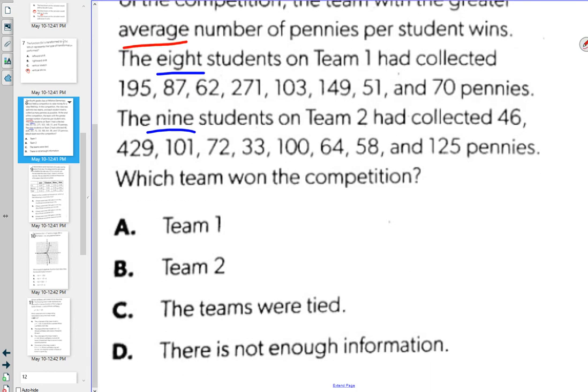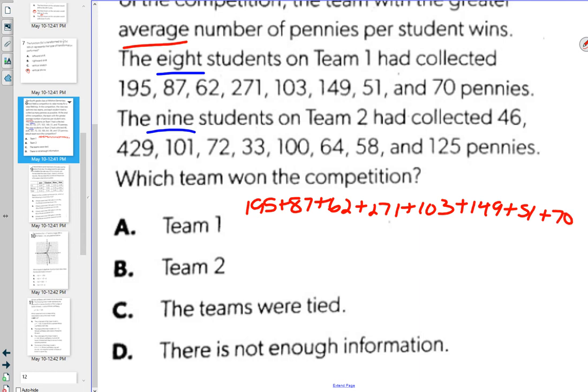So the first one would be, somebody with a calculator help out. 195 plus 87 plus 62 plus 271 plus 103 plus 149 plus 51 plus 70. We're only dividing by 8.